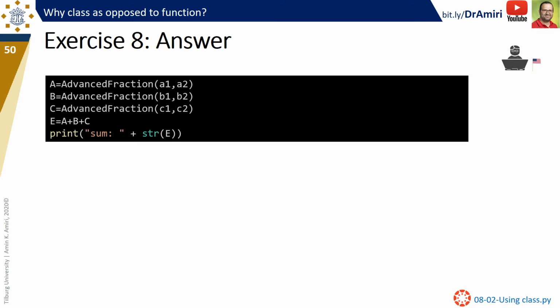You call them capital A, capital B, capital C, and then you simply use the plus operator to calculate the sum of the three fractions and store it in capital E. And then you just need to use the str function to return the string format of the class and print it.